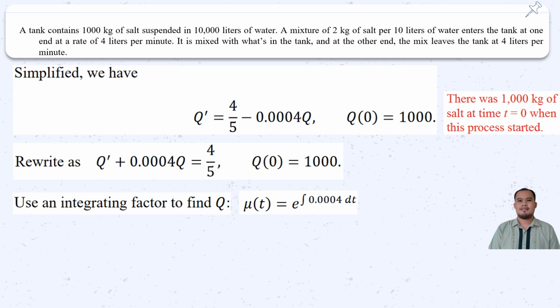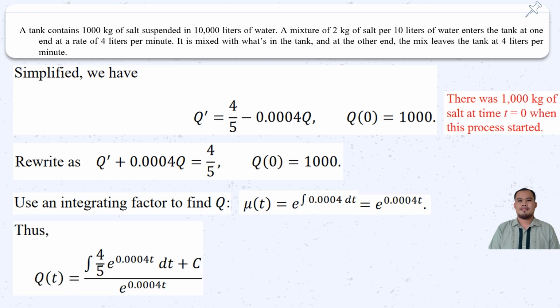So we have here integral of 0.0004 dt. Simplifying this, we come up with e raised to the power of 0.0004t. Thus, our q of t will then be equal to the integral of 4/5, or the constant here from our equation earlier, times the integrating factor of e raised to 0.0004t dt plus c, all over the integrating factor e raised to 0.0004t.